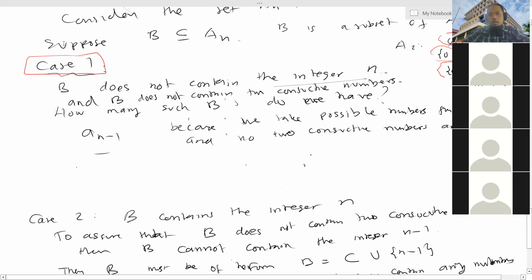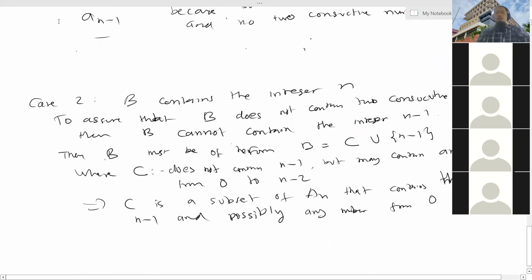So in this case, similarly here, B contains the integer n, but still we have the condition that B does not contain 2 consecutive integers.